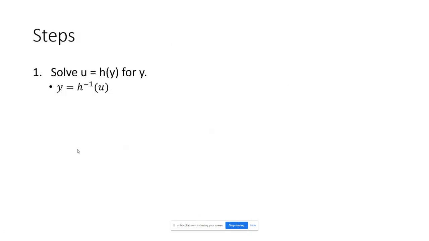So our steps for the method of transformations are, we're going to start by solving the function U equals h of Y for Y. So that gives us Y is equal to h inverse of U. And this is why we require h to be either increasing or decreasing, because we need it to have a unique inverse.